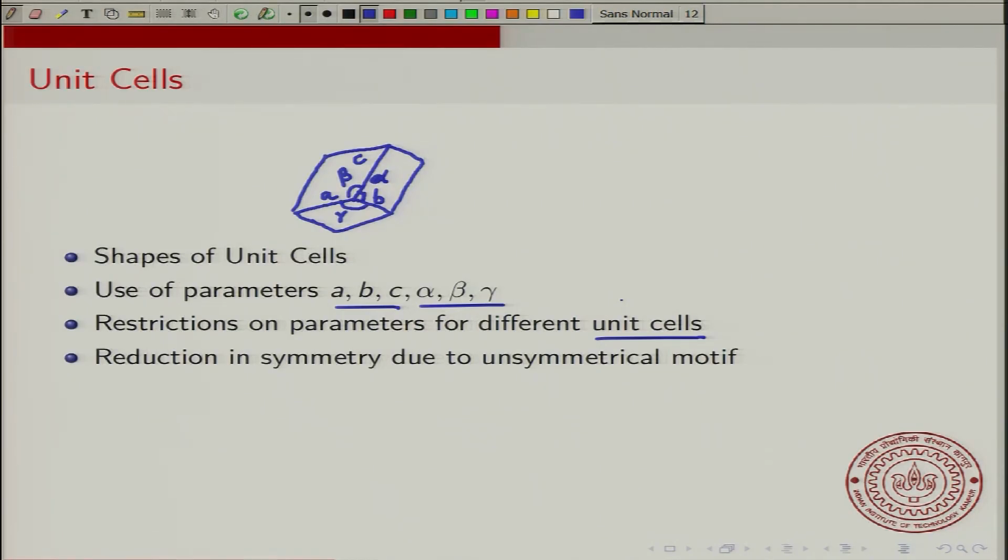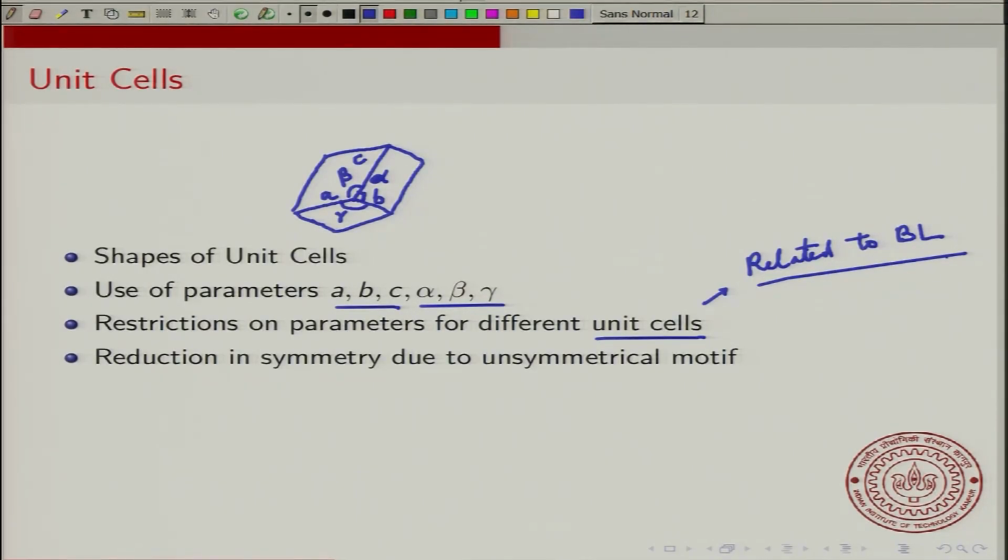Now, what we earlier saw is that your crystal is a lattice plus basis, and these unit cells can also be related to Bravais lattices. For example, we know that some unit cells can be primitive, face centered, body centered, or edge centered, and so on.